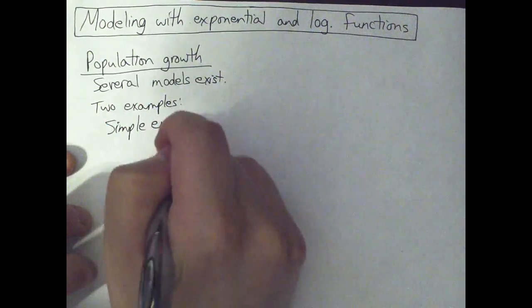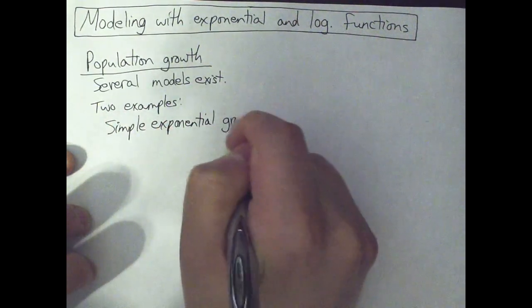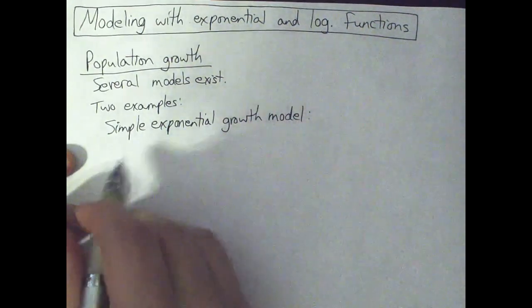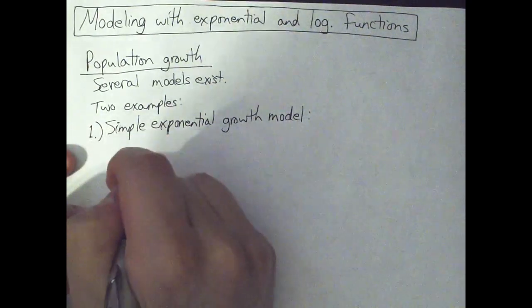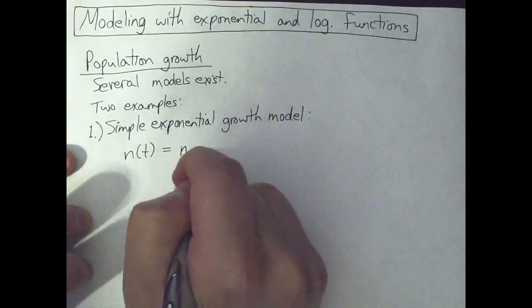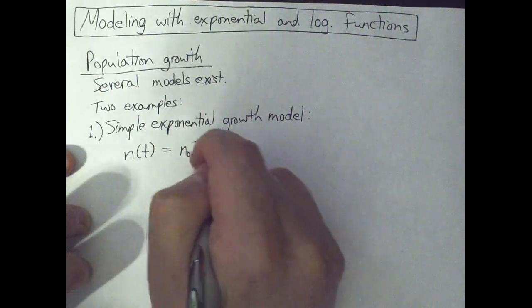There's a simple exponential growth model for population. And it says n of t equals n sub 0 2 raised to the t over a.